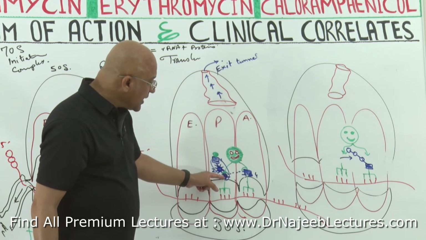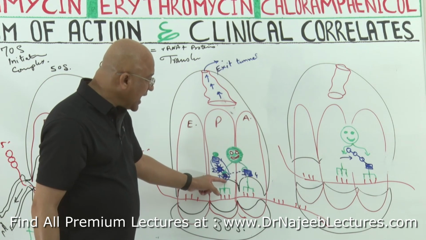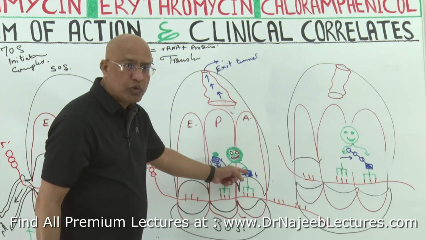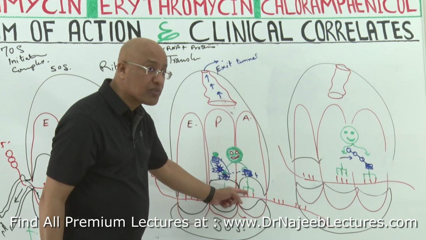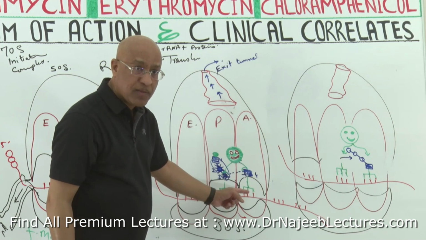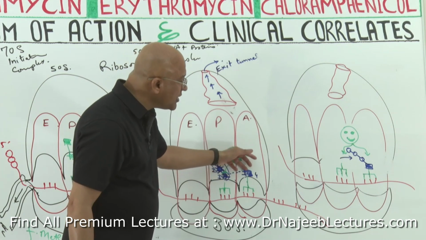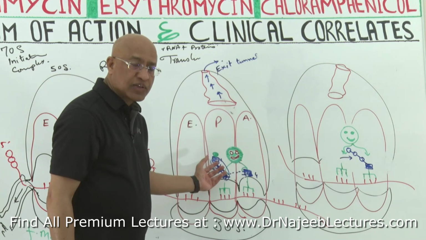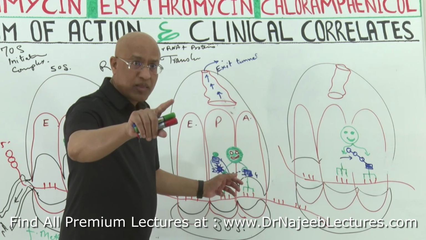Next, it detached the preformed peptide chain from the transfer RNA on the P site and shifted this chain to the new amino acid attached to the transfer RNA at the A site. So the peptide chain was transferred, and we call this function peptidyl transferase.